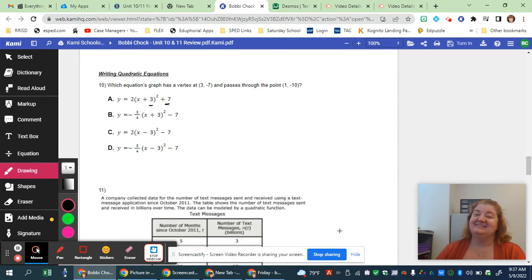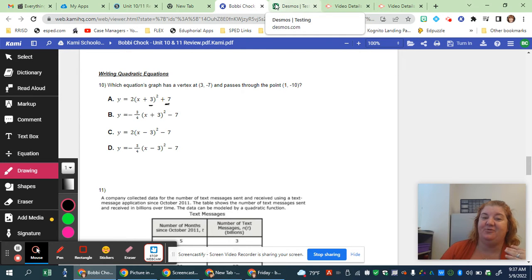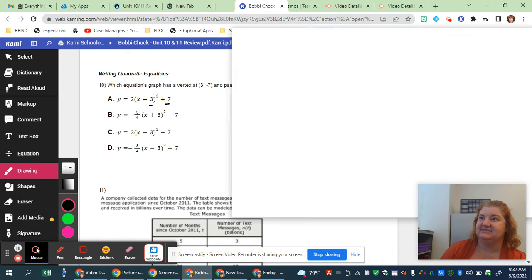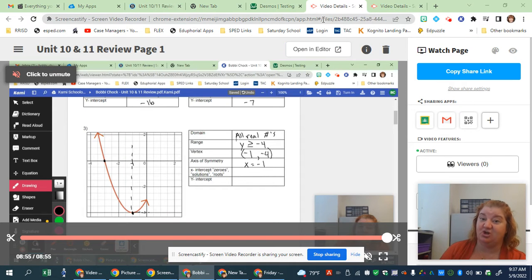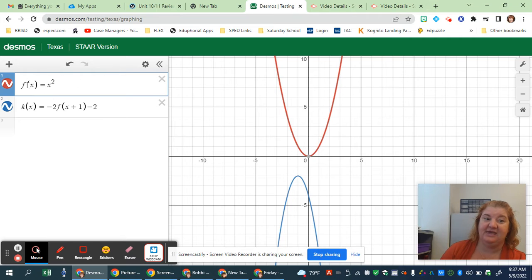However, during our EOC review, we also taught you that you can just put it in Desmos. And so I'm going to put all four of these in Desmos really fast. So let me move it over here and I want to show it to you. Okay.